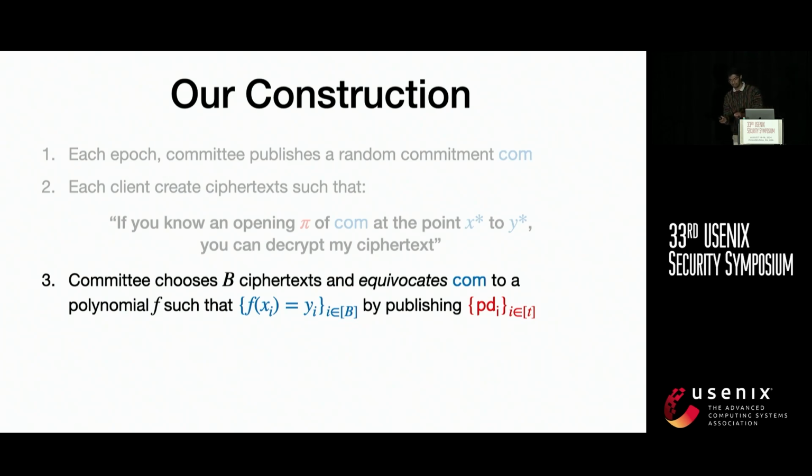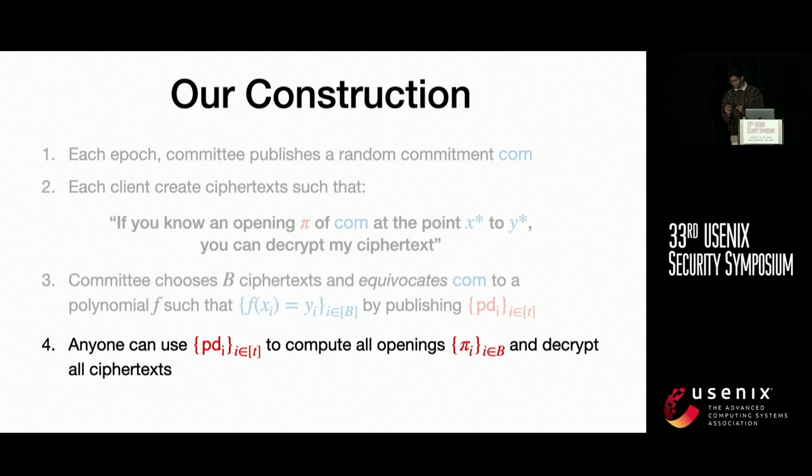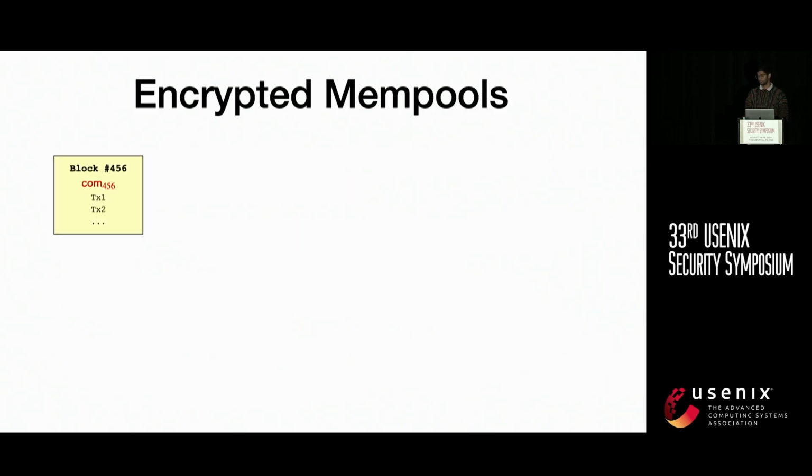And what the committee is going to do is equivocate this commitment that they initially published to a commitment to a polynomial f, such that f(xi) = yi, where these xi's and yi's come from the ciphertexts. And the way they do it is a little bit involved, but just think of it as they can broadcast a constant-sized message. And what that constant-sized message, these partial decryptions, are going to allow you to do is compute opening proofs for this polynomial f, involving this commitment com. And once you compute all these opening proofs, it's also going to allow you to decrypt all the ciphertexts.